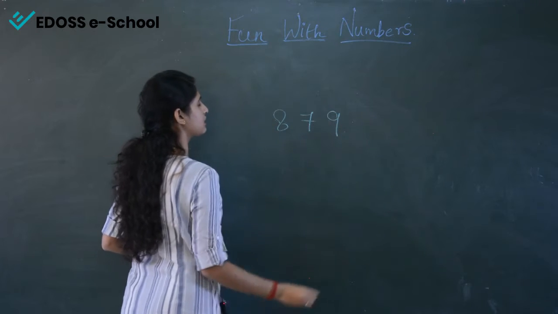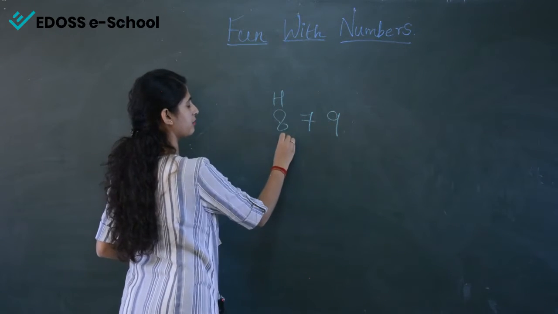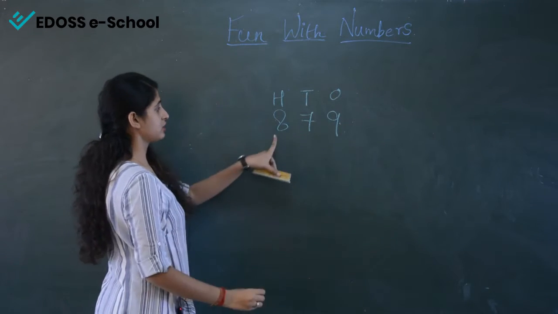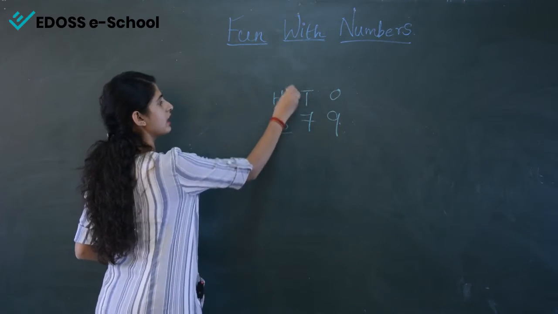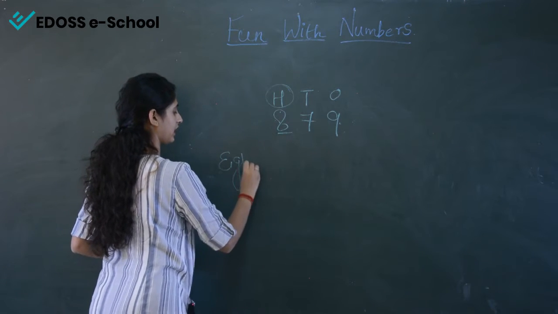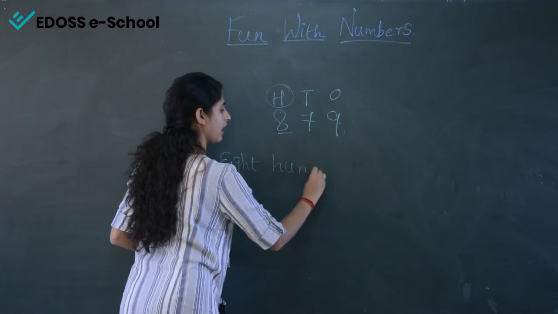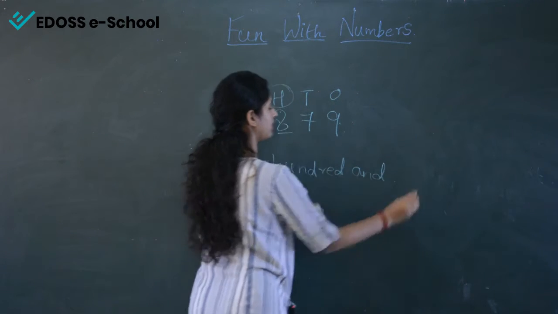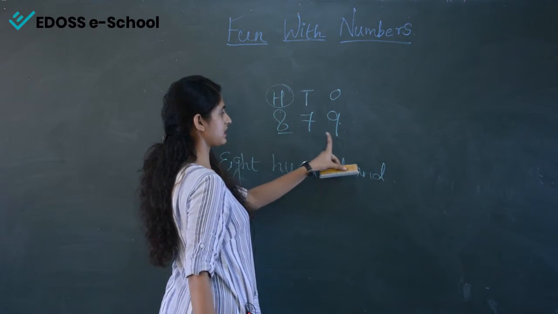Let's take more examples. 879. So how will we write? 100's place, 10's place and 1's place. So 8 at 100, we'll write 800, and how do we read this? 79.